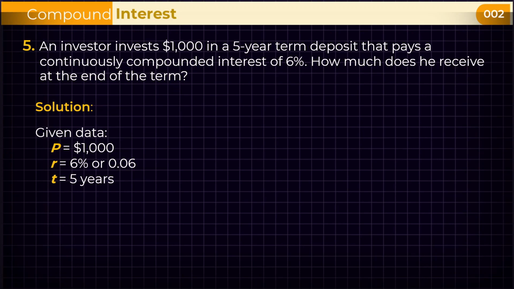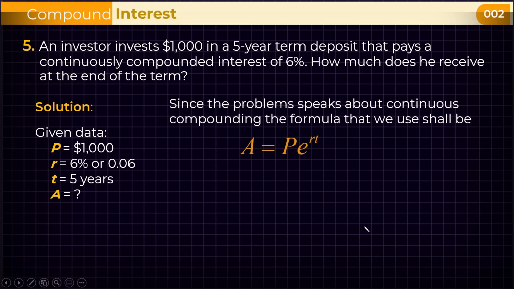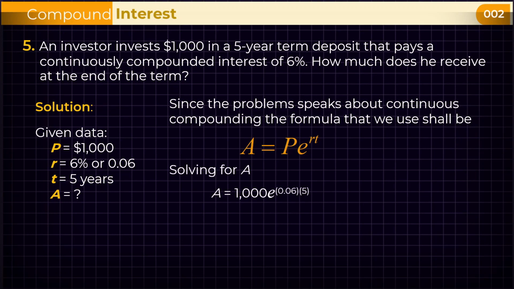Time is 5 years. And since the problem speaks about continuous compounding, the formula that will be used is A is equal to P, the quantity e raised to the rt power. Solving for A is equal to 1,000 times e raised to the power of the product of 0.06 times 5. That actually is equal to 1,000 e raised to the 0.30 power.